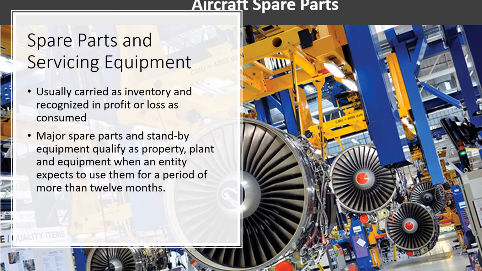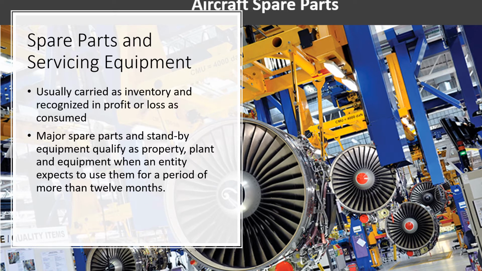A special case is the discussion of spare parts and servicing equipment. Usually, spare parts are carried as inventory, part of supplies or spare parts inventory, and recognized in profit or loss as consumed. So if you use the part, for example, for your car, it will be recognized immediately as an expense.